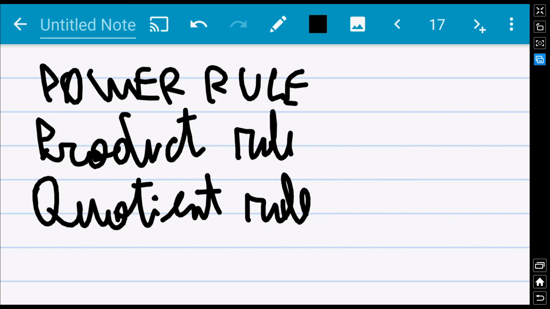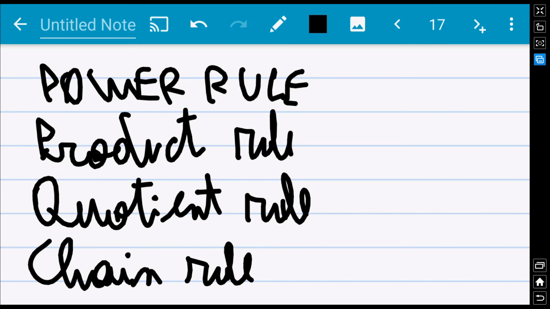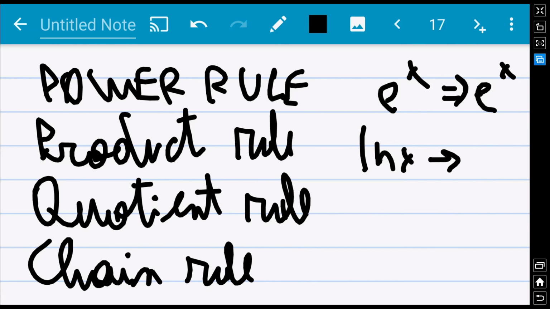And we have chain rule. And then we also have e to the x turns into e to the x. Then we have ln x turns into 1 over x. And we have all the trig, which you can memorize for your calculus test.